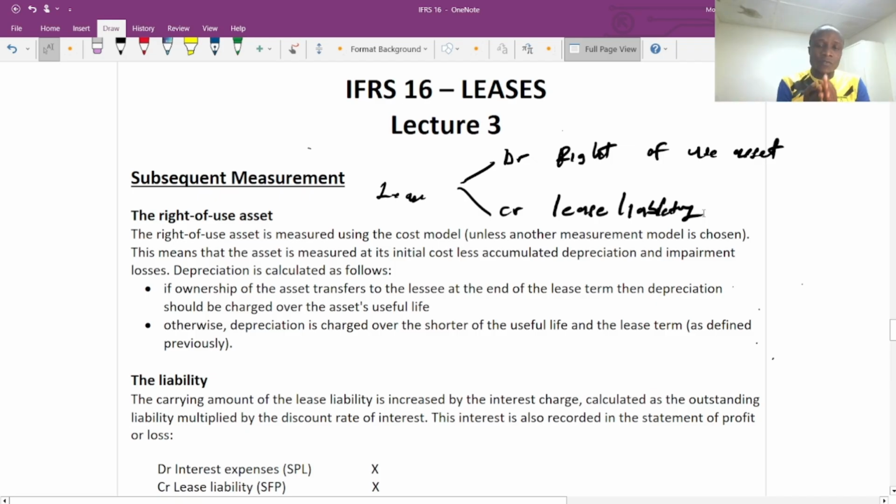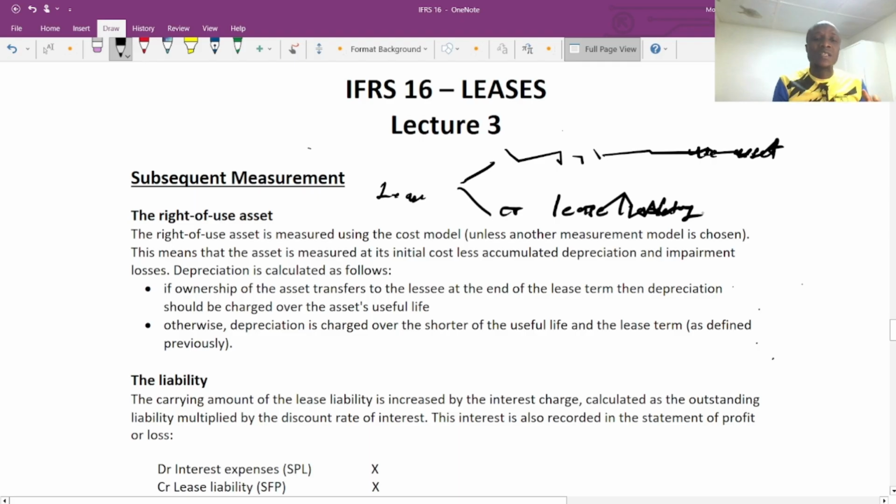For the right of use asset, we have another component that we are going to add to ensure that we get the total value that we are going to show as the right of use asset. Now, after we have completed initial recognition, we need to do subsequent measurement.